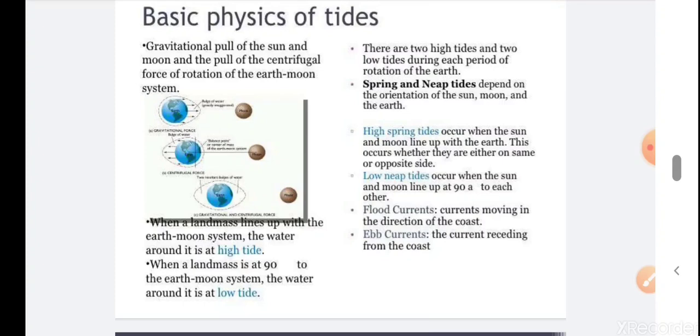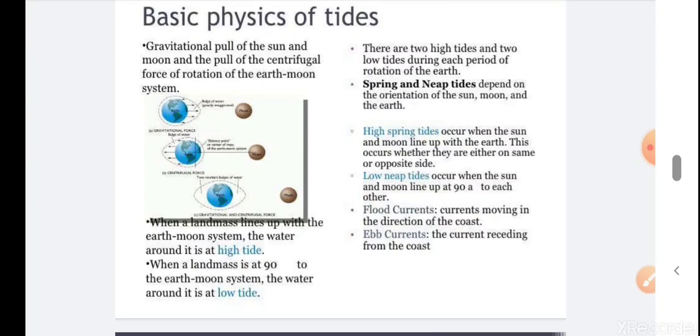High spring tides are those tides which occur when the sun and moon line up with the earth, meaning all three will be in a line, on the same side or on the opposite side. While a low neap tide occurs when the sun and moon line up at 90 degrees to each other.